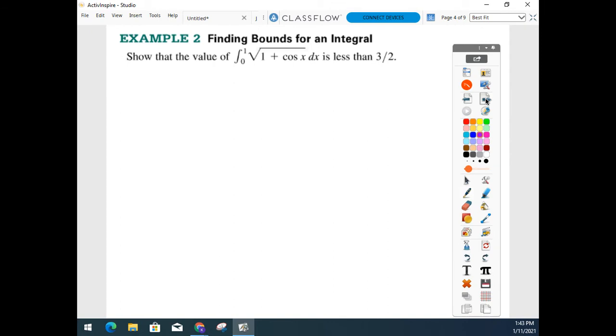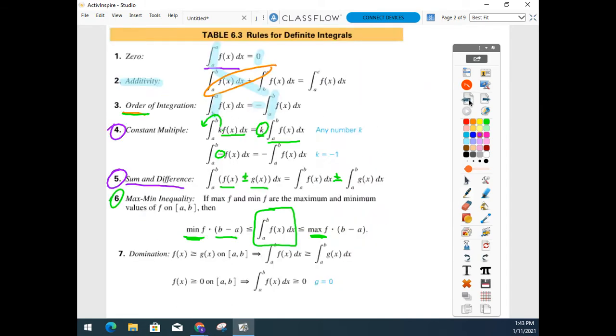Okay, so example 2 has to do with the max and the min. It's saying show that this is less than 3/2. So if we look back at the max min inequality, in order to show this, we find the max value of f times b minus a.